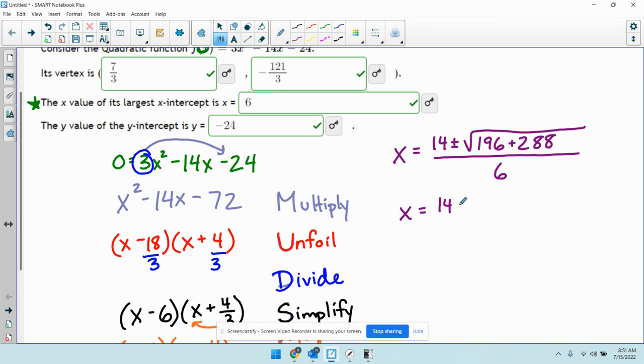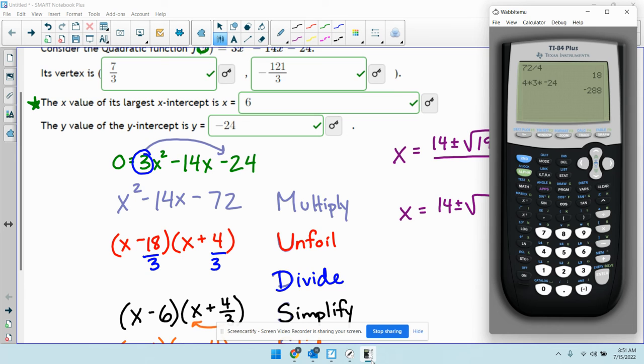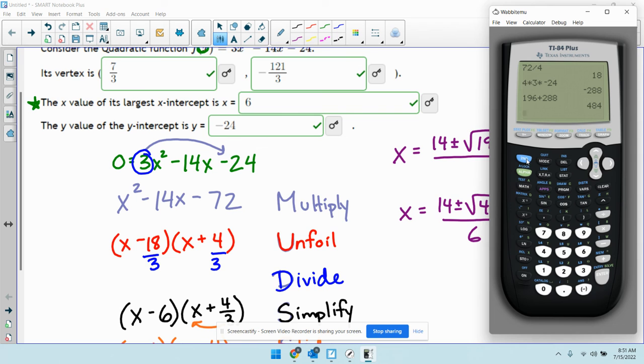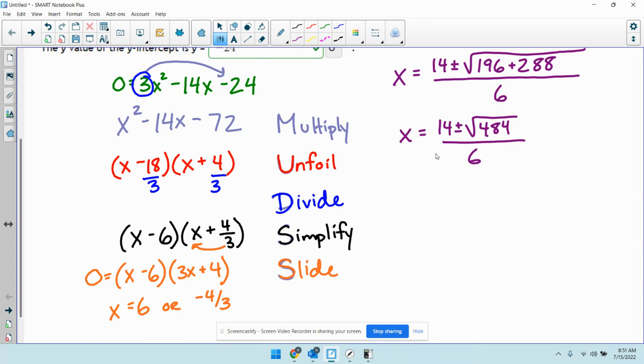So x equals 14 plus or minus the square root of 196 plus 288, which is 484, over 6. I believe that's 22. Yep. So we get x equals 14 plus or minus 22 over 6.